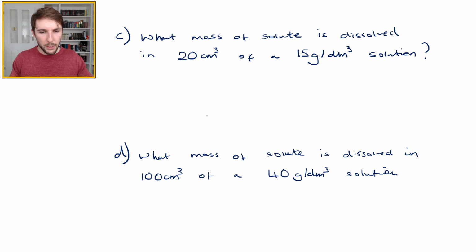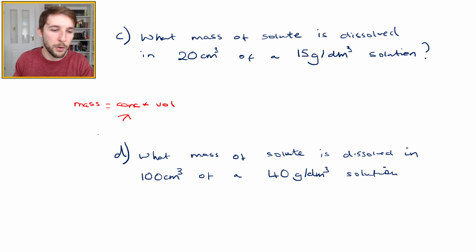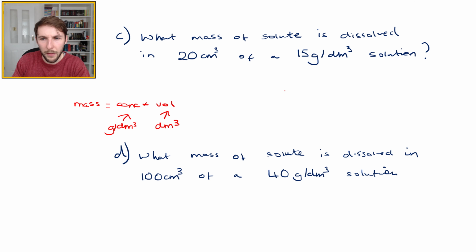Right then. So in this first one, let me just get my red pen out again. Here we go. All right, so the first thing we're going to need to do is remember that mass of whatever's dissolved is going to be equal to our concentration times our volume, where that concentration, again, needs to be in grams per cubic decimeter, and our volume needs to be in cubic decimeters. So our concentration we've got, that's 15.